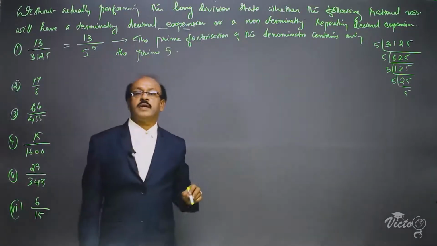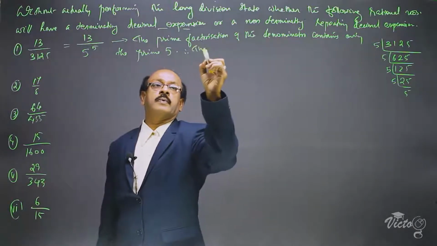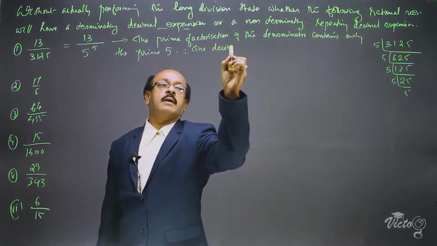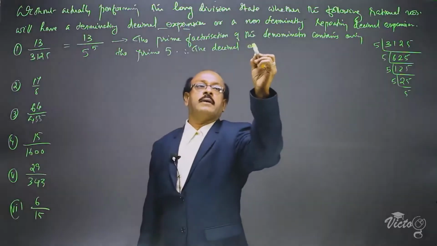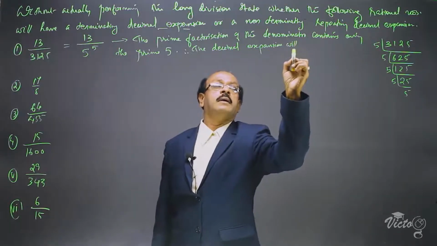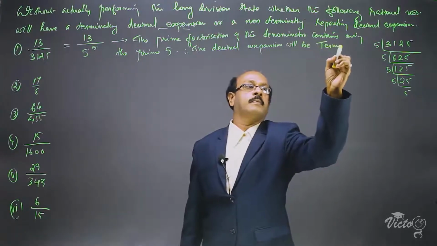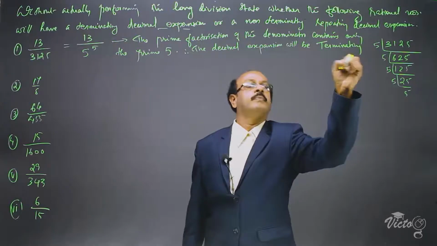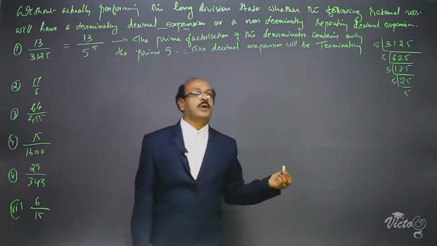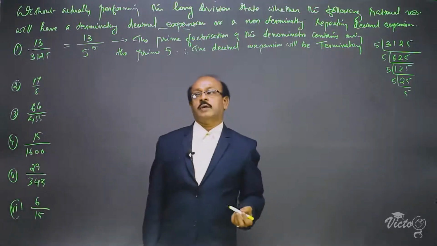Therefore, the decimal expansion will be terminating. This is the method of finding, without actual division, whether the decimal expansion is terminating or non-terminating.